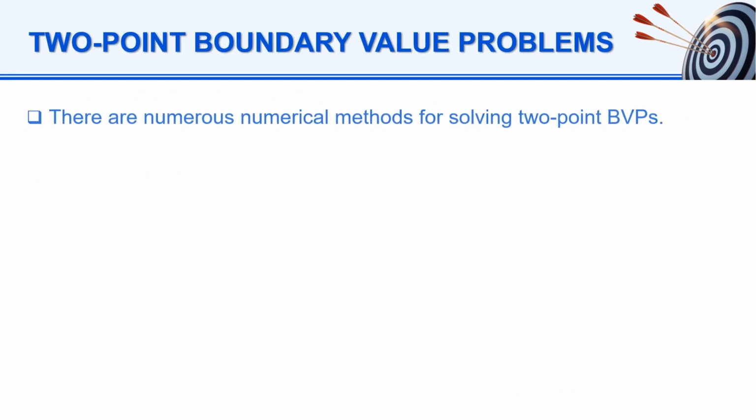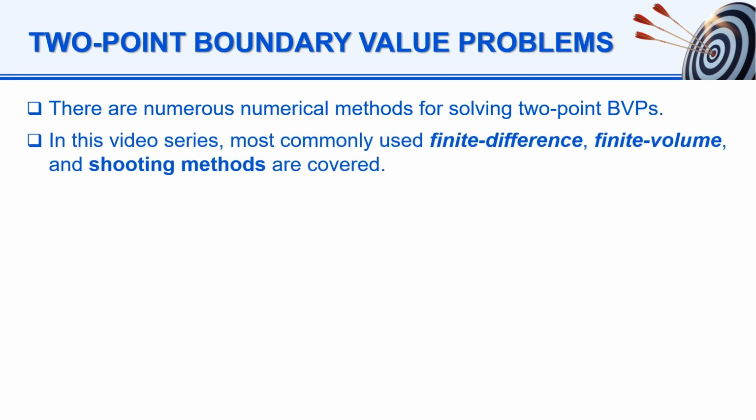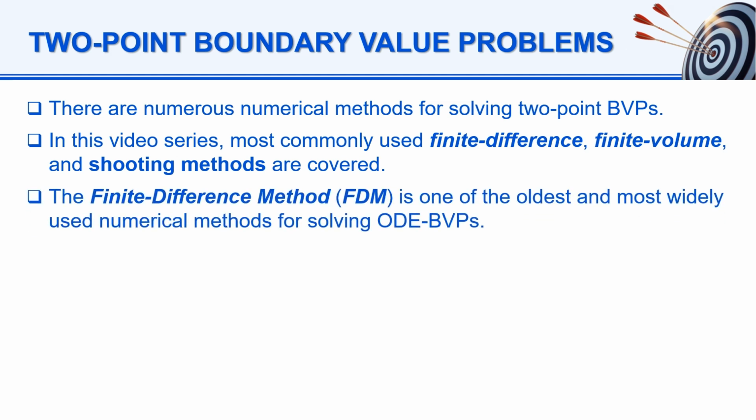There are numerous numerical methods for solving two-point boundary value problems. In this video series, the most commonly used finite difference, finite volume, and shooting methods are covered. The finite difference method is one of the oldest and most widely used numerical methods for solving ordinary differential equations.